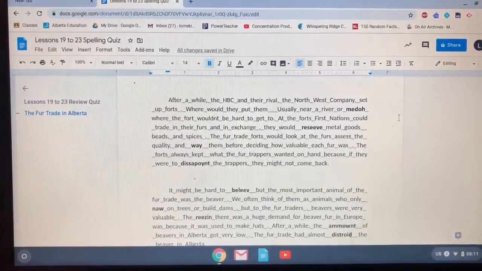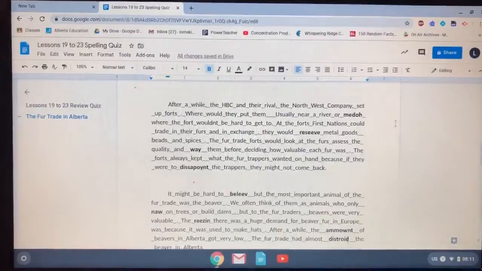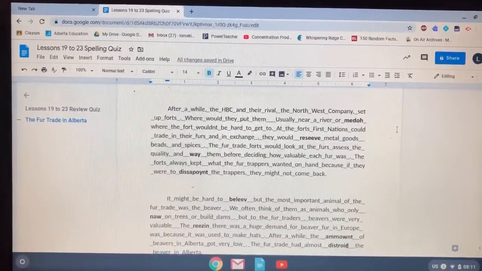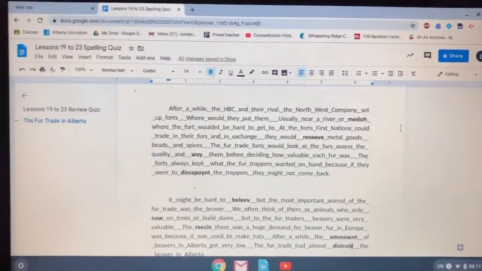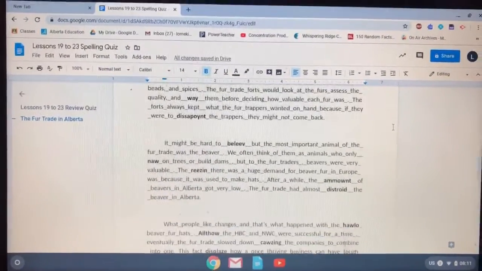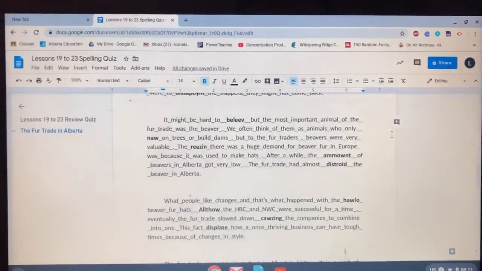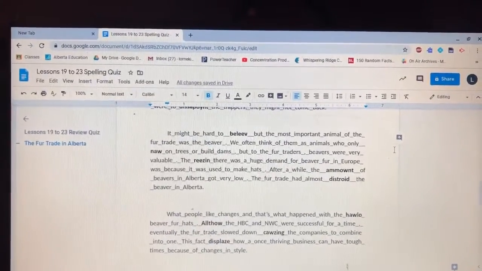The forts always kept what the fur trappers wanted on hand because if they were to disappoint, that's spelled wrong. Make sure you get it spelled right. Were to disappoint the trappers, they might not come back. It might be hard to believe, but believe, that word is spelled wrong. It might be hard to believe, but the most important animal of the fur trade was the beaver.